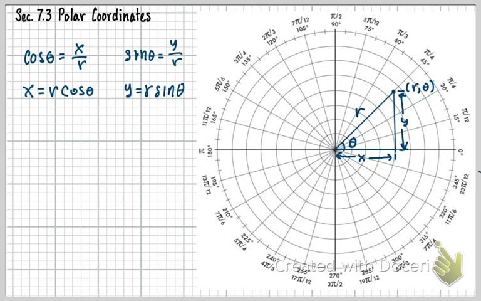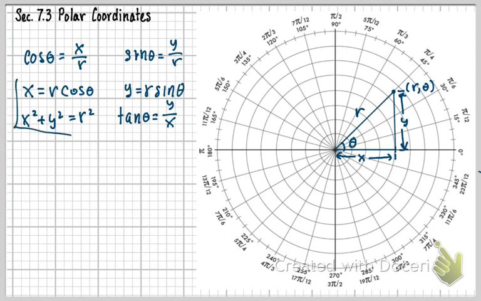I can also think of the Pythagorean theorem for this same triangle, and say that x squared plus y squared equals r squared. I could also say the tangent of theta equals opposite over adjacent, so that would be y over x.